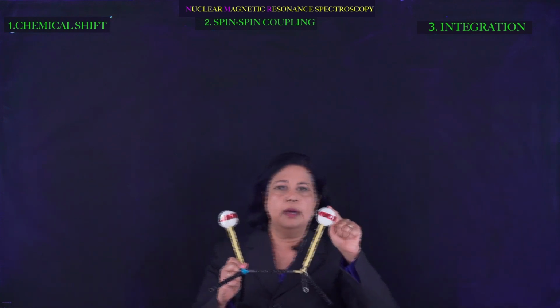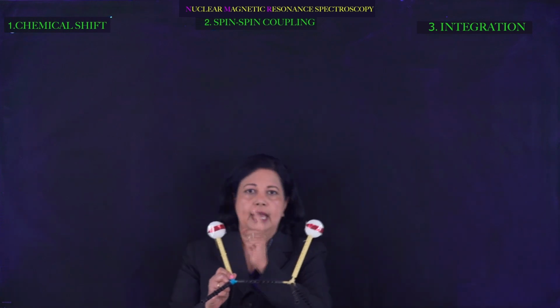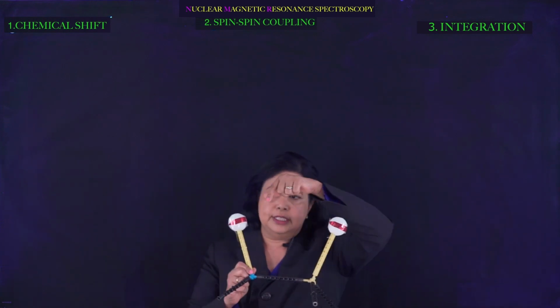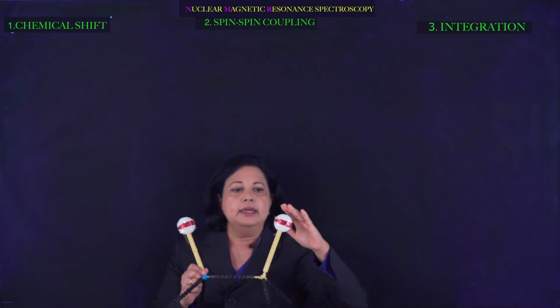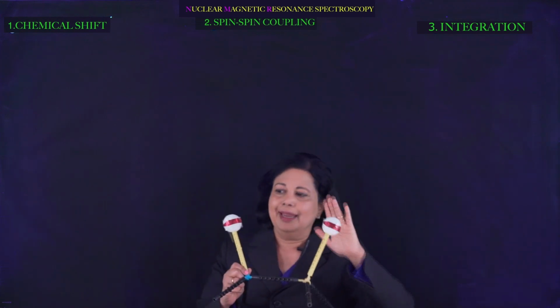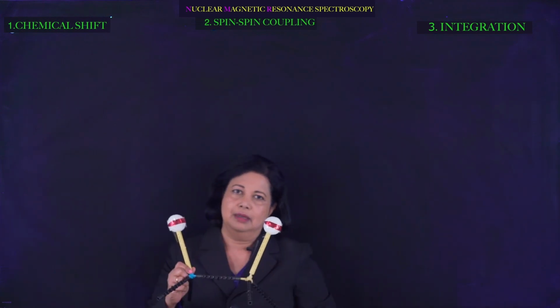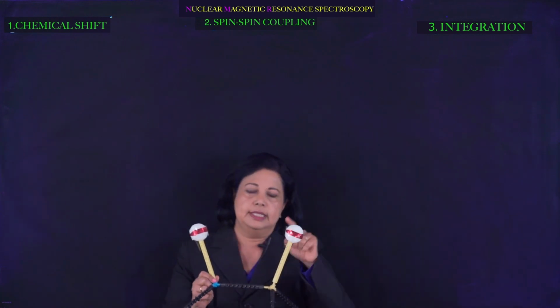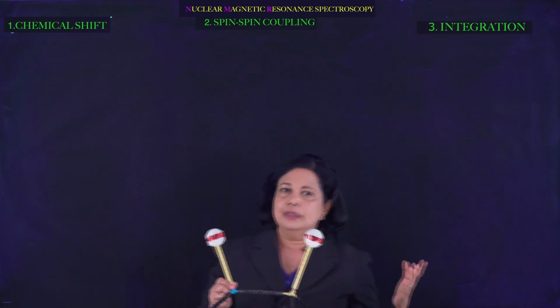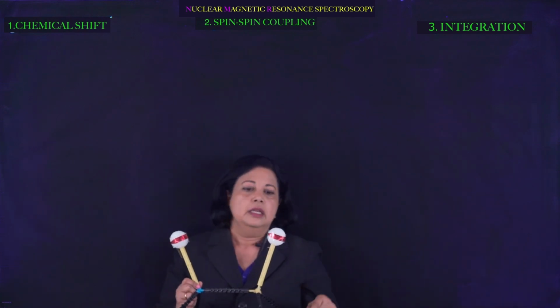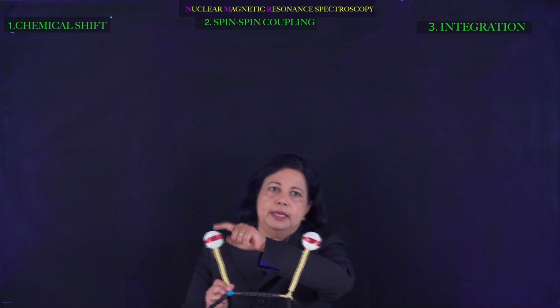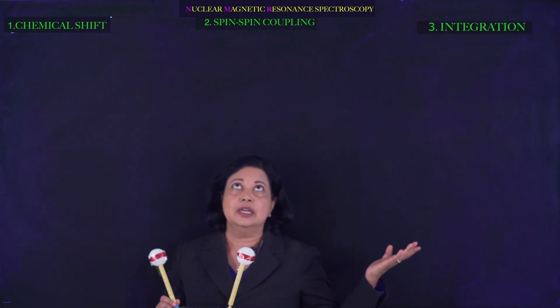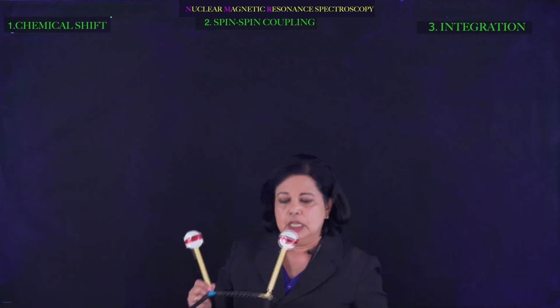These are charged particles that are spinning, which means they'll have a magnetic field that's generated. The magnetic field of this proton can interact with this proton. It's very complicated and it involves these sigma bonds, but we're just going to simplify it. And we'll call this spin-spin coupling. So we're going to talk about spin-spin coupling here.